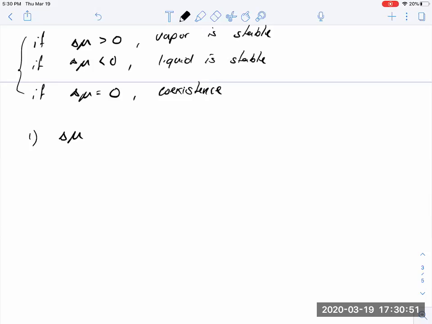Let's start by asking, what size droplets am I likely to see under conditions where delta mu is positive? So let's try to draw out this free energy as a function of the number of particles in the droplet.